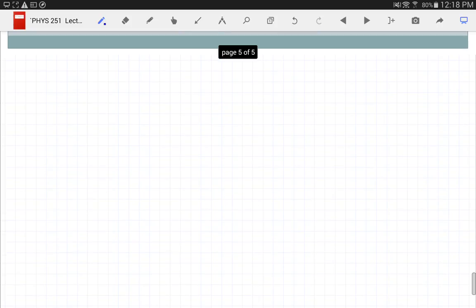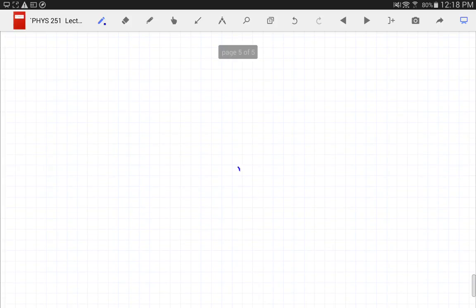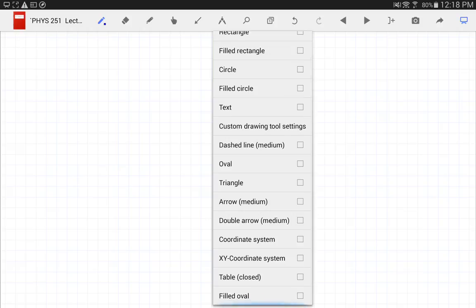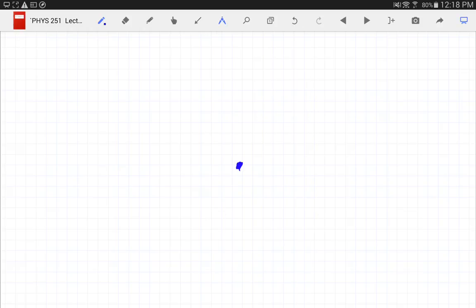Now, if you have an elliptical orbit, here's your star that you're orbiting about. Let me draw the ellipse. That's not much of an ellipse, but who cares?